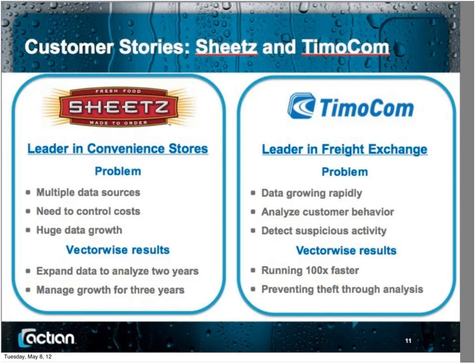So let's move on. Let's give a couple examples here. I've covered my hypothetical example of myself buying a DVD player. I've listed a few customers here. Sheetz is a leader in quick service restaurants and convenience stores on the East Coast, and they've implemented an executive dashboard on their point of sale information.